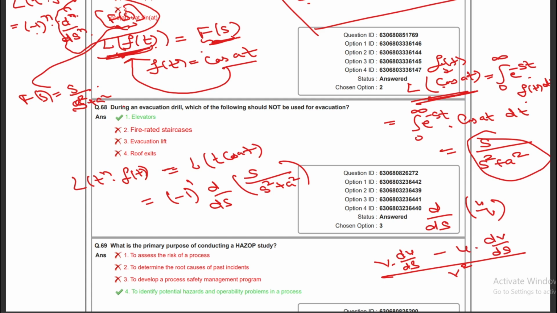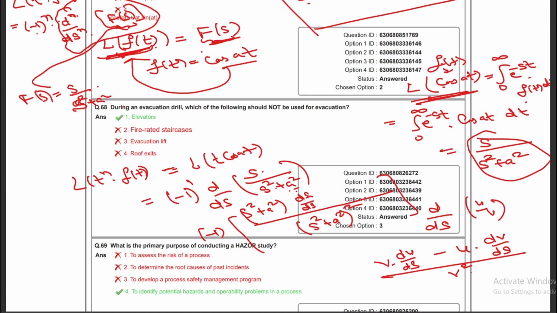So in this way you can solve it, and your v value is s square plus a square and u is s. Okay, anyways you can fill. So v is in the denominator, there is v square, so this is s square plus a square whole square, and take v as it is, s square plus a square, derivative of s with respect to s is equal to 1.